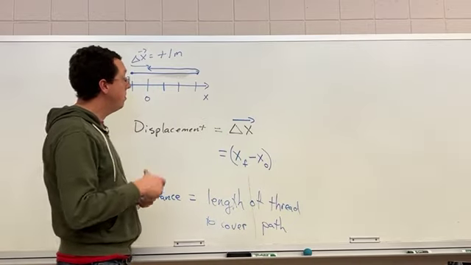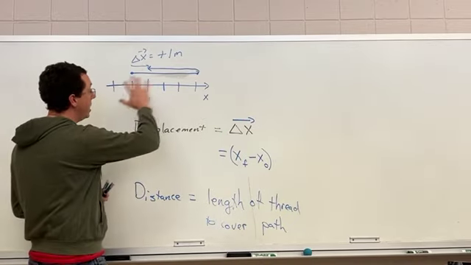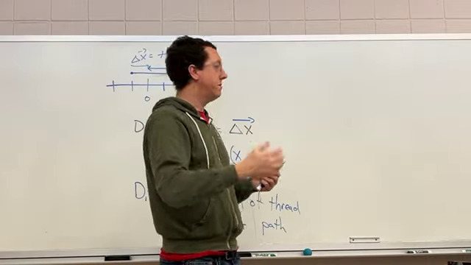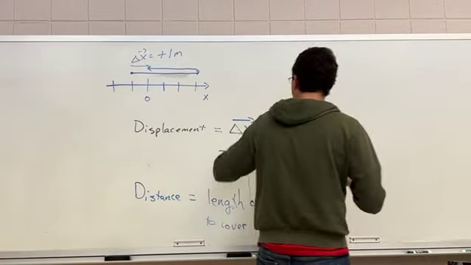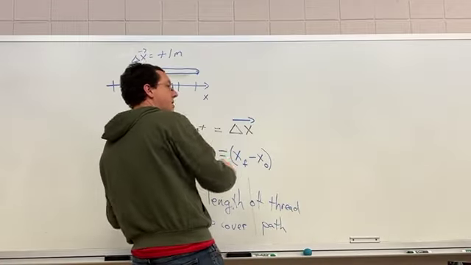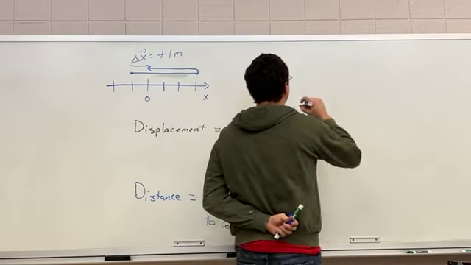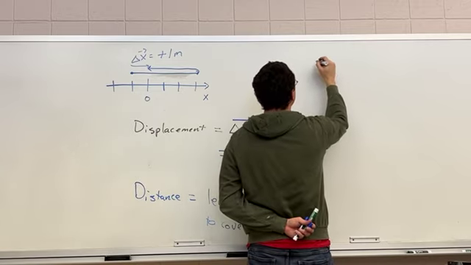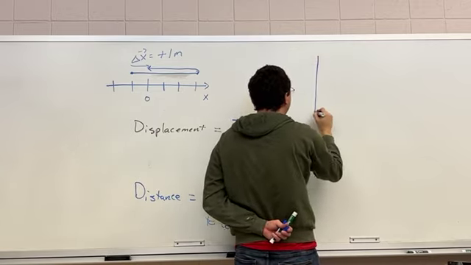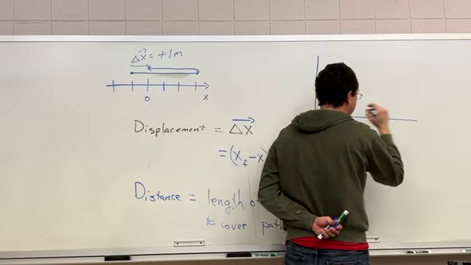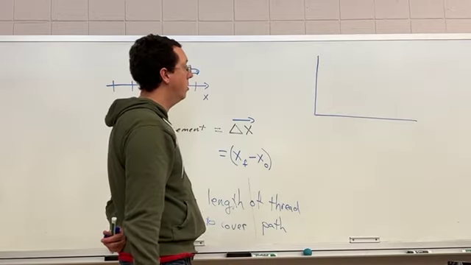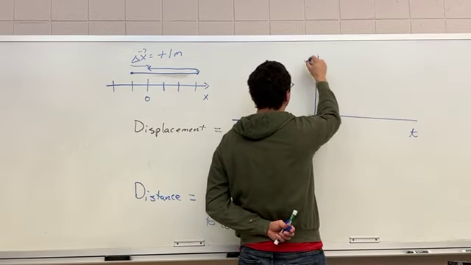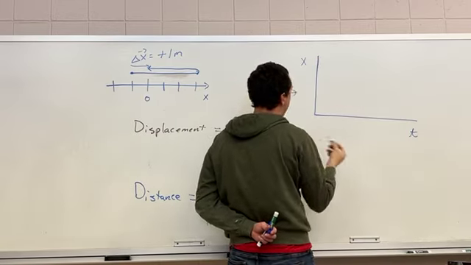What I would like to do now is think about these changes in position as happening over intervals of time. It's the same concepts, we're just going to repackage it. One way I might do that is make a graph of my position over time. So this could be your position x over time.